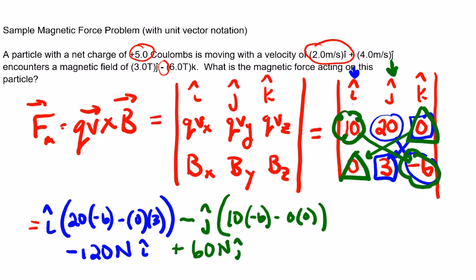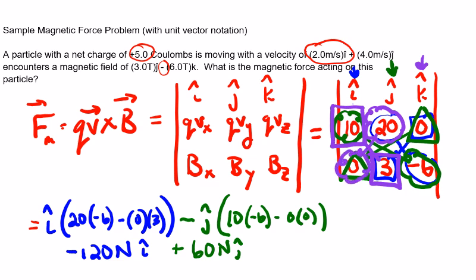And then last but not least, let's throw purple in here. We're going to cover up this column. So we're going to take this number and multiply it by this number and subtract this number multiplied by this number.